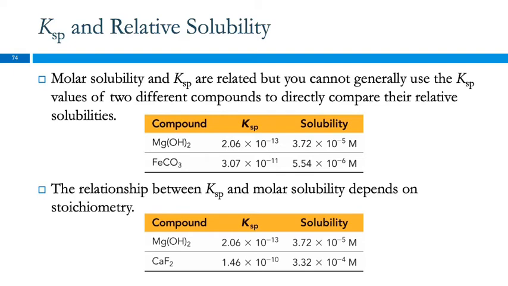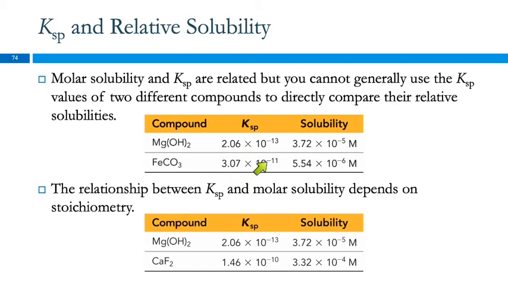So molar solubility and KSP are related, but you can't just use KSP to compare relative solubilities of 2 compounds, because it's a little more complicated than that. So if we compare magnesium hydroxide and iron carbonate, magnesium hydroxide has a smaller KSP, 10 to the minus 13.